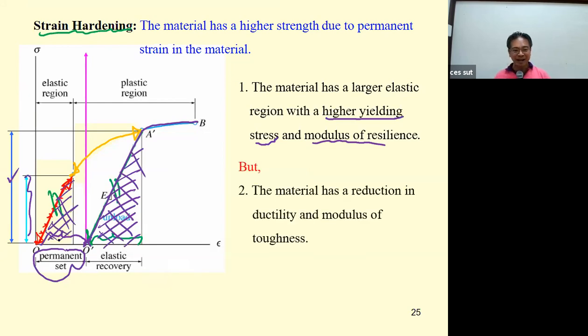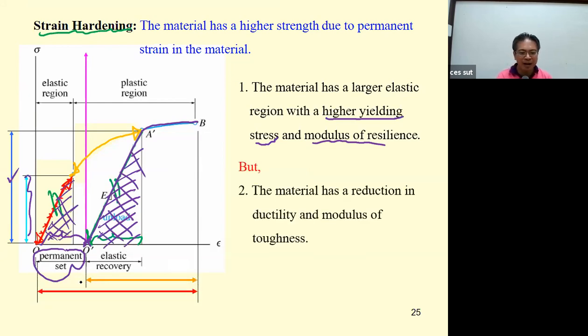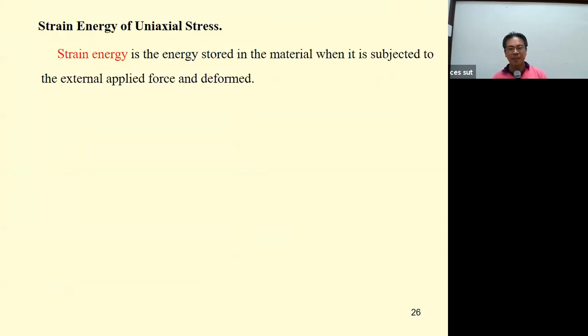And the bad thing is, usually before this, it can be deformed a lot in the red area. After this strain hardening behavior, it can be deformed only this yellow. So it reduces the ductility of this material, and it also reduces the modulus of toughness, which is the area under the stress strain diagram. Okay.